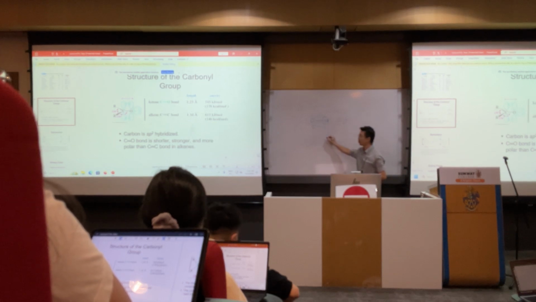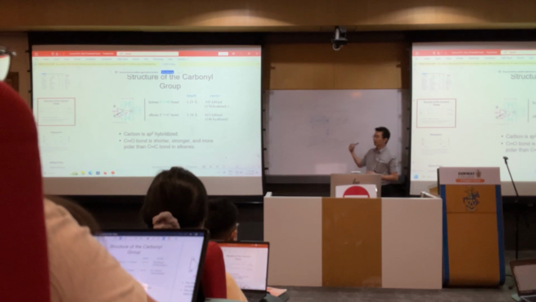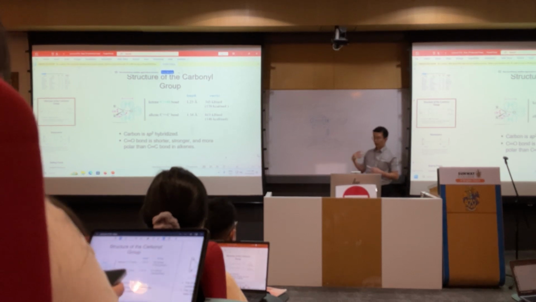So in this case for aldehyde group, although the carbon is attached to a hydrogen atom, it cannot form a hydrogen bond within itself. So that's why the melting point or boiling point is lower than that of the alcohol. Okay.